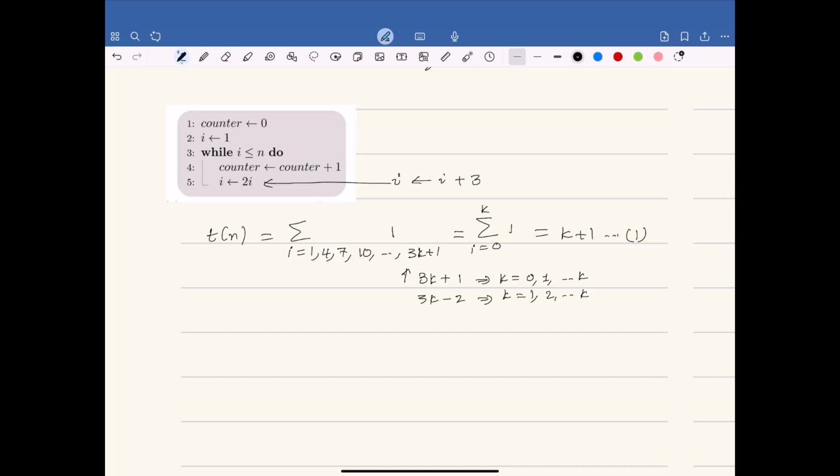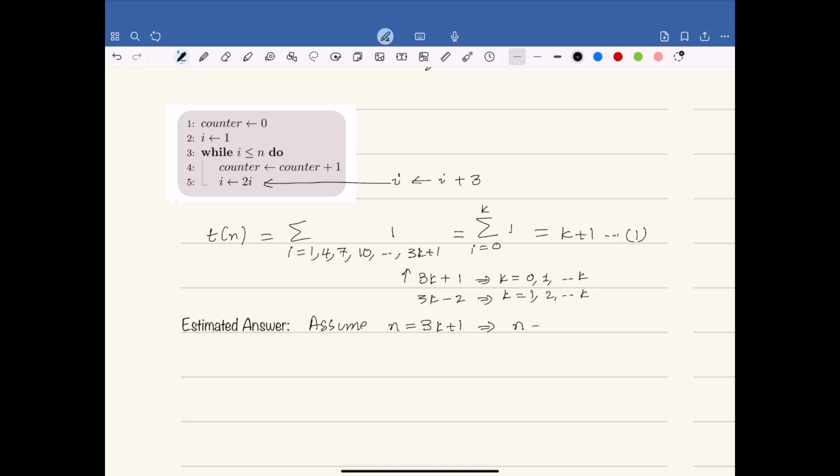Now for the estimated answer, we will assume that the value of n is equal to 3k plus 1, and here now solve for k.